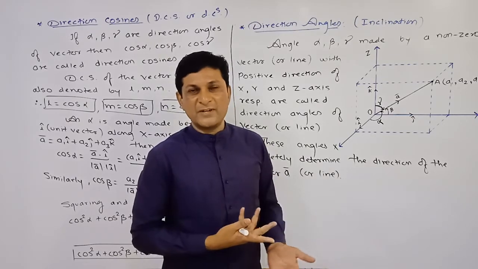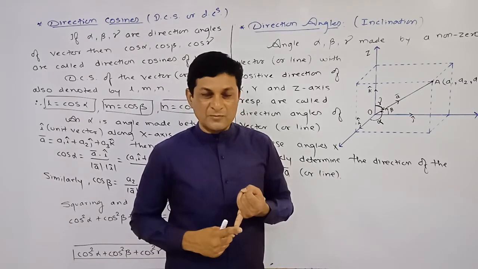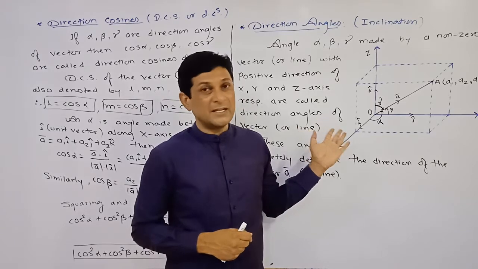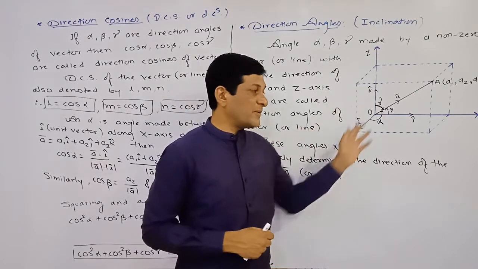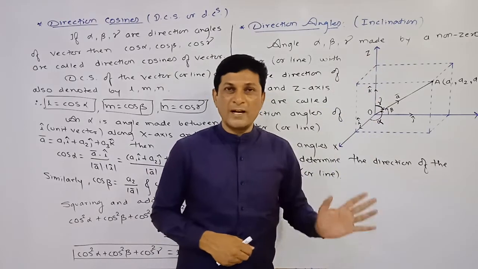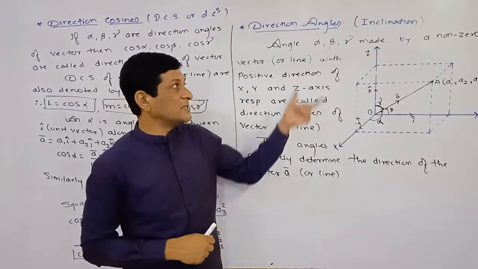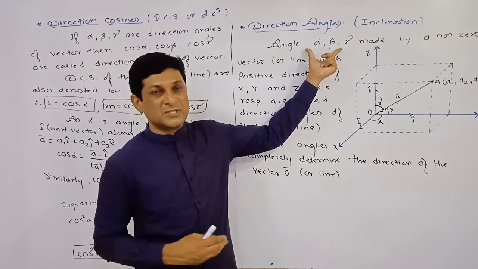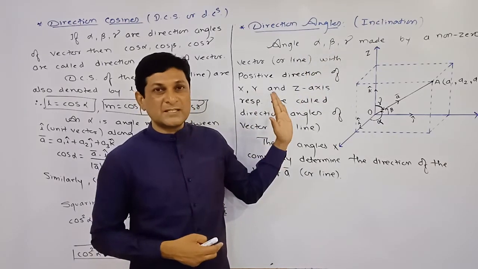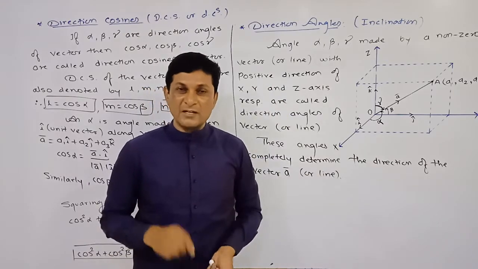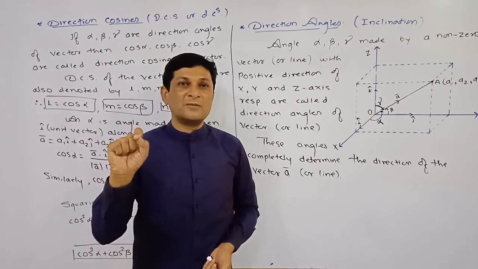So it is a very simple definition: the angles made by a line, or by a vector, with the positive direction of the x, y and z axes are called direction angles. Generally we denote these angles by alpha, beta and gamma, and we can say that these are the inclinations of a line. Sometimes in examples the phrase 'line is equally inclined' is used.